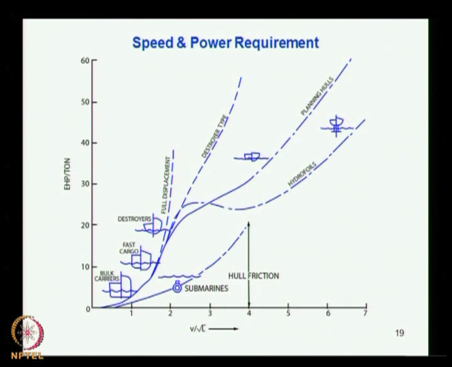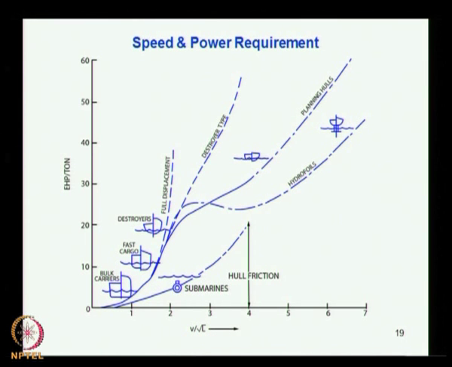Then coming to the speed and power requirement: when the vessel is waterborne, the resistance is more. If we can partly bring it out of water, then the waterborne area will become less, and thus the resistance will be reduced.